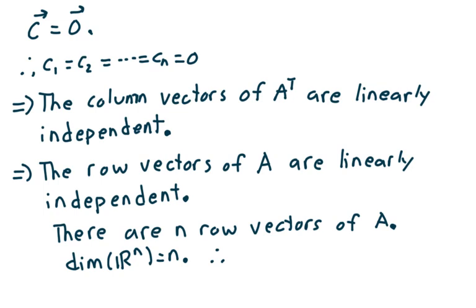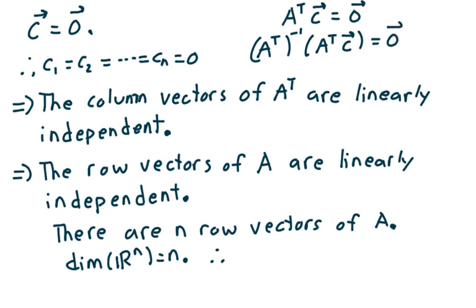And if we're not sure, when in doubt, let's come back. Now remember, there's no choice. If I take and multiply both sides by the inverse of A transpose, I get the inverse of A transpose times A transpose C equals the zero vector. And the inverse of A transpose times A transpose is the identity.